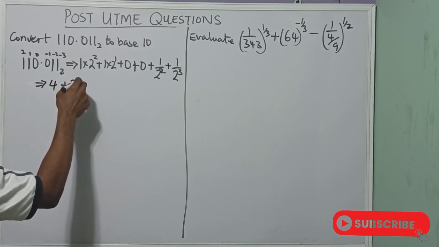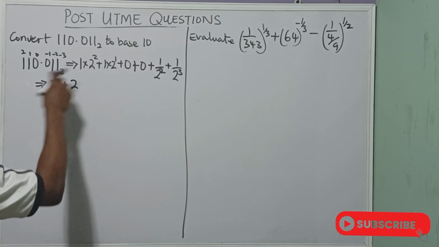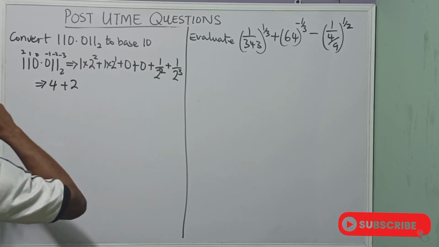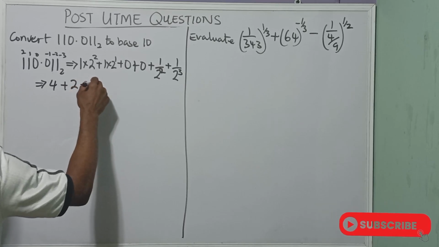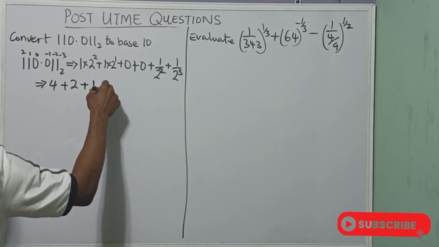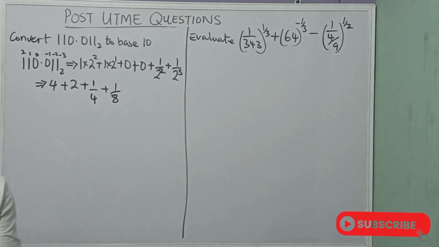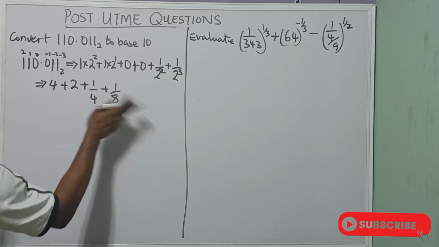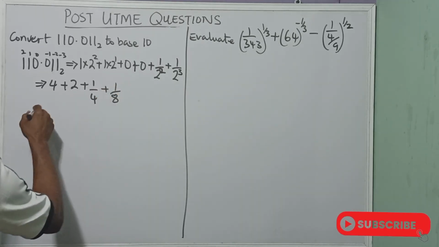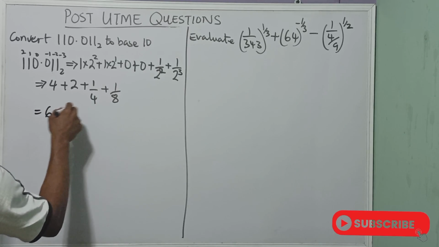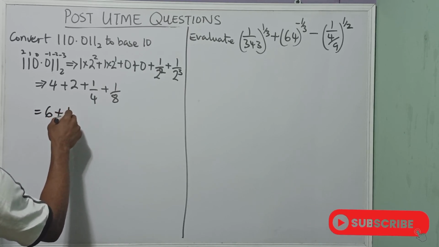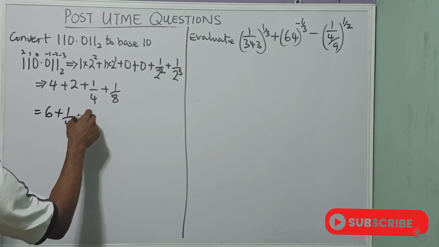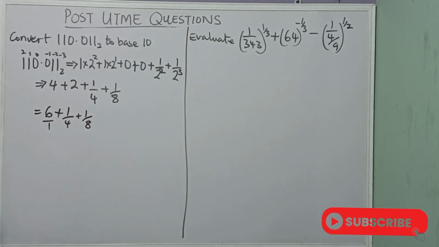Now this we would have as 2 raised to power 2 is 4, 4 plus 2, plus 1 over 4 plus 1 over 8. Okay, 4 plus 2 will give us 6. This will give us 6 plus 1 over 4 plus 1 over 8. Alright, over 1.